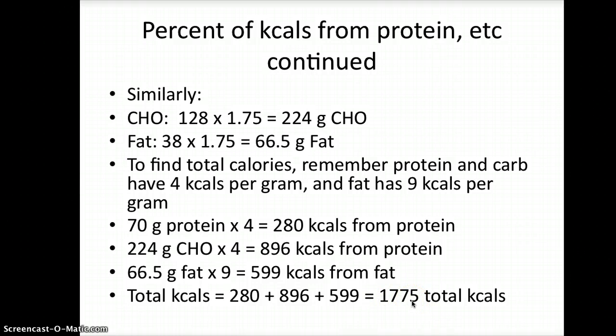Now, if you'll remember, the original question was, what percent of calories are going to come from protein? What percent of calories are going to come from carbohydrate? What percent of calories are going to come from fat? So what we're doing is we're looking at the calories from protein compared to the total, the calories from carbohydrate compared to the total, the calories from fat compared to the total.